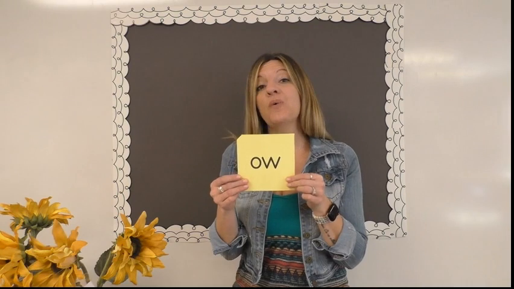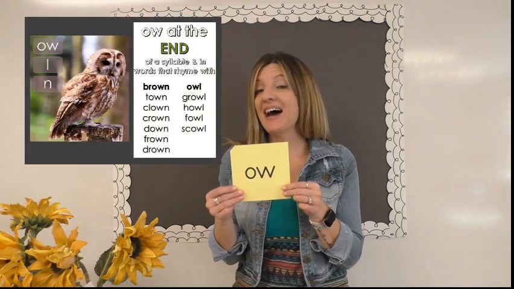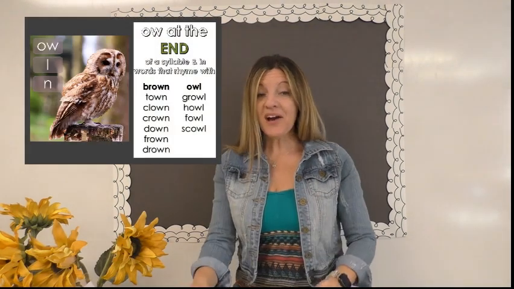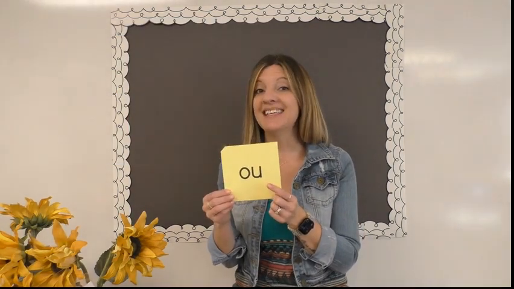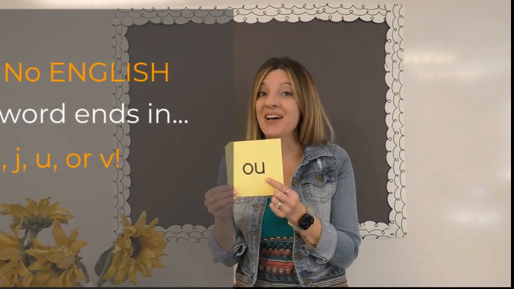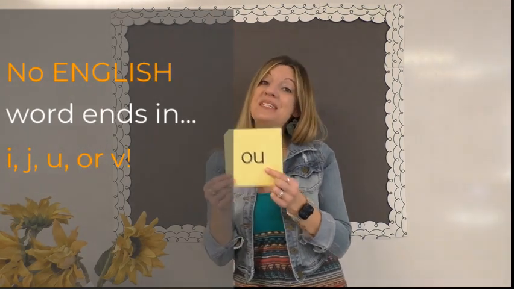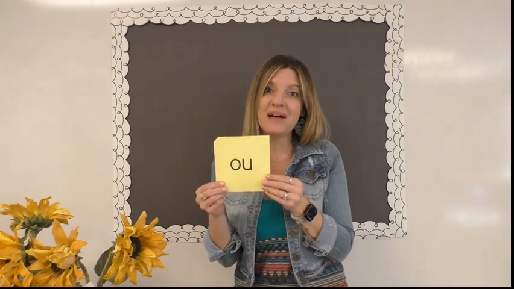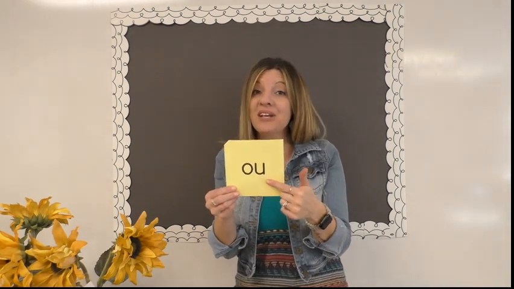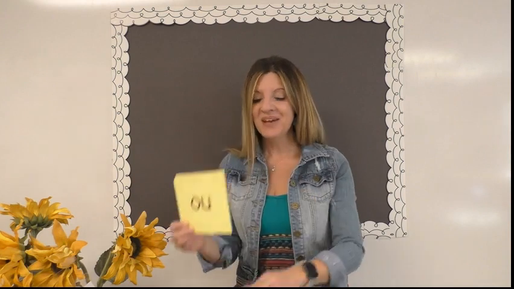So we know that OW spells ow at the end of a syllable or when it rhymes with brown owl. We also know that no English word ends in U. So I can't use OU to represent the ow sound when I'm spelling at the end of a word because no English word ends in U. So here's the pattern.